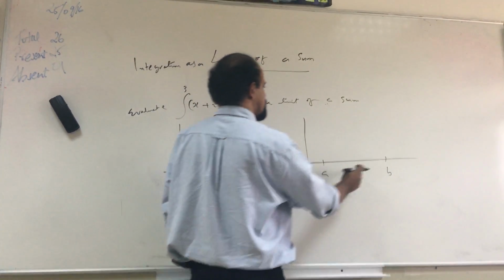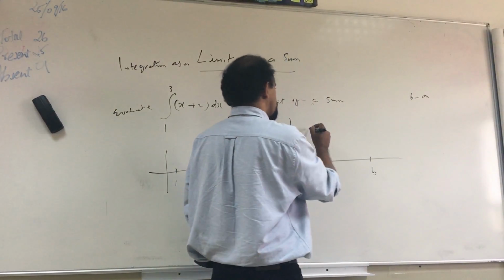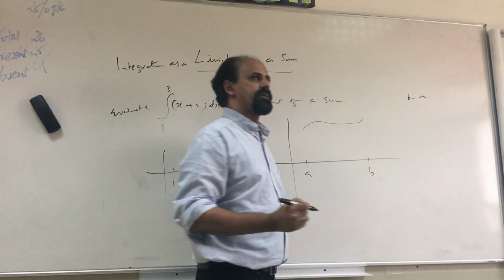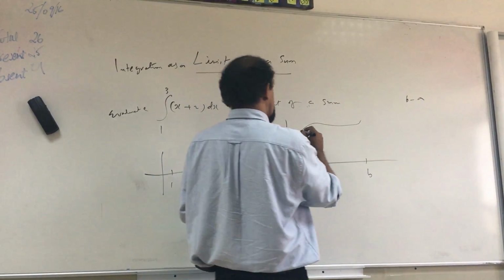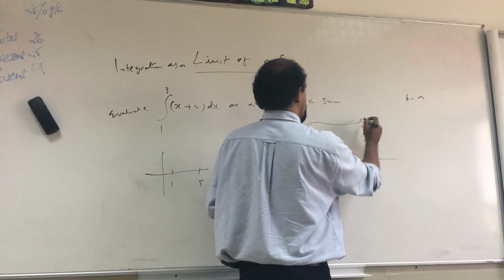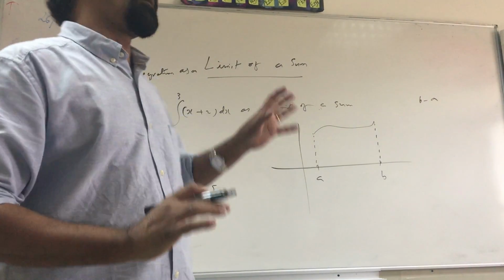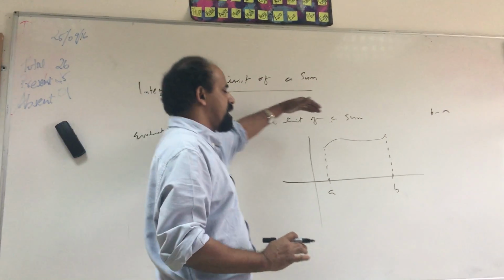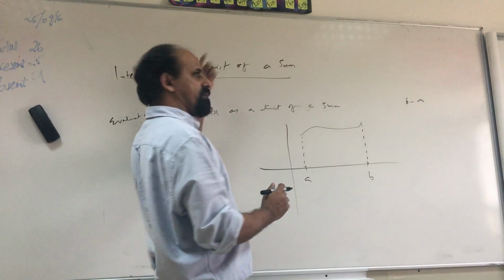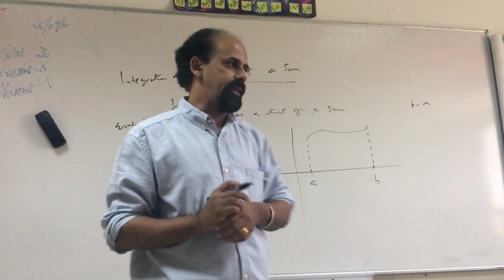So this distance is b minus a. This is my curve. From a to b, I want to find the area of this region using a technique called limit of a sum. This will enable us to understand why by integrating we get the area.